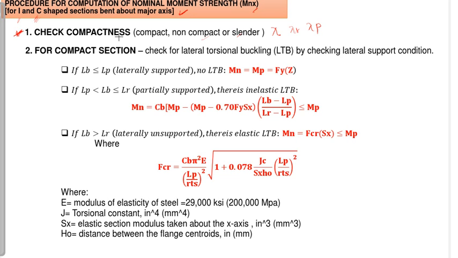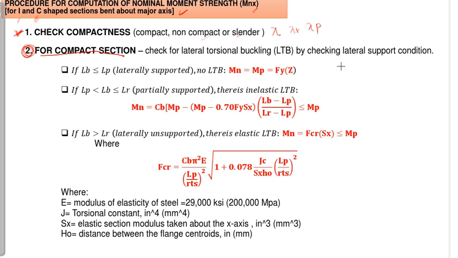So, if our answer here in our step 1 is compact, we have to proceed to our second step. This is for compact section. So, for compact section, we have to check for the lateral torsional buckling, yung LTB natin, by checking our lateral support condition.